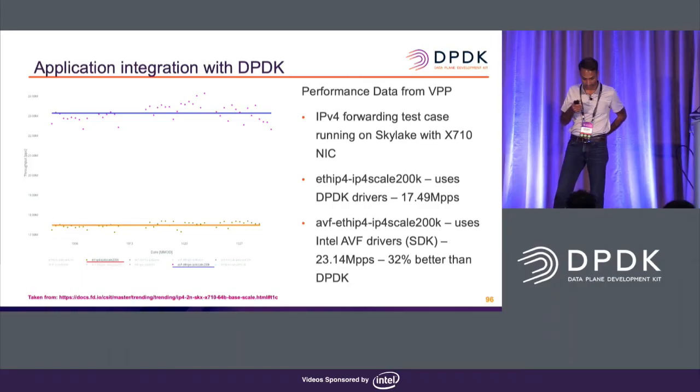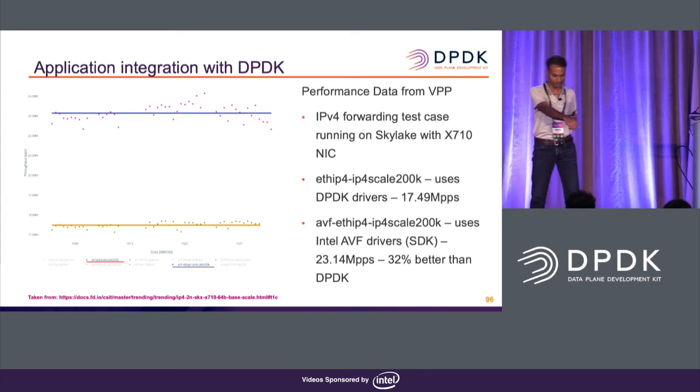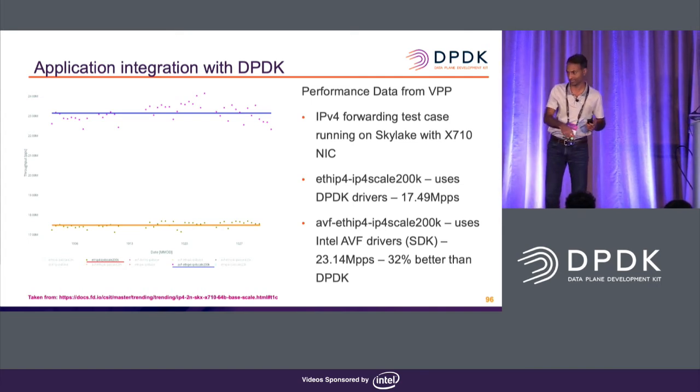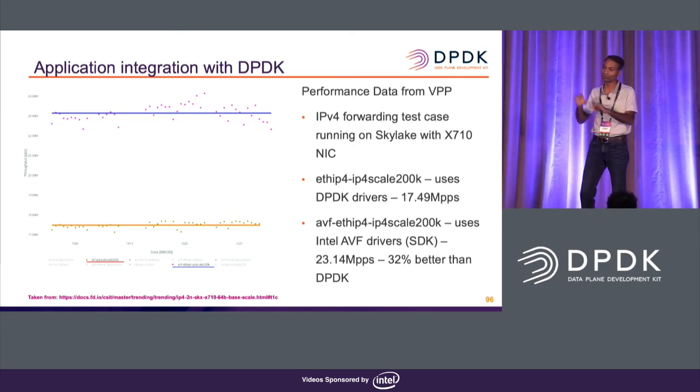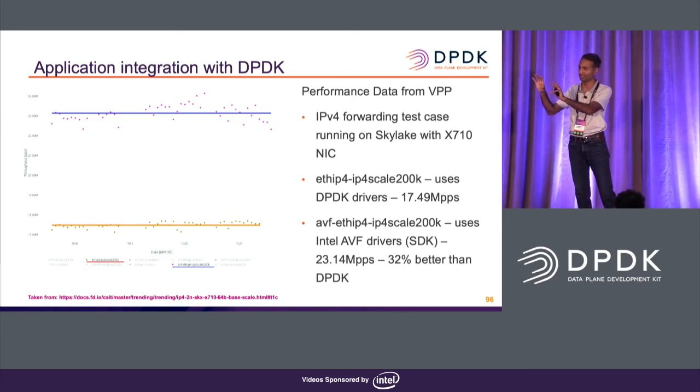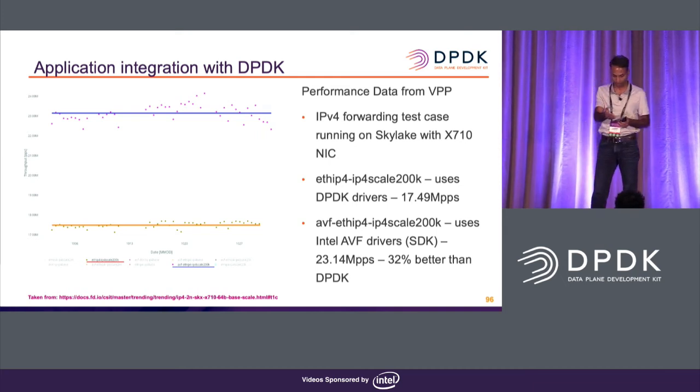Yeah, so in my proposal, this 30% difference here is exactly what you said, right? Converting from the RTE MBUF to the VPP metadata. So it's mostly because of that. But what I'm proposing here is, if we expose the descriptors directly to the application, it wouldn't help.